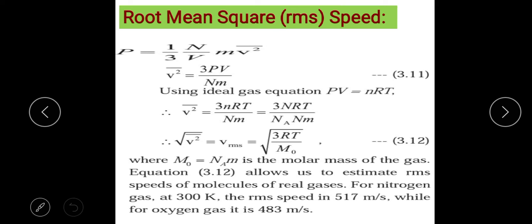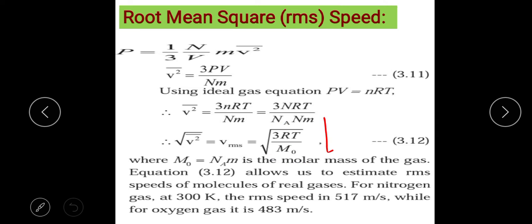So the square root of v square bar is equal to VRMS, that is the root mean square speed, that is V is equal to square root of 3 RT divided by m naught, where Na into m is the m naught, the molar mass of the gas.